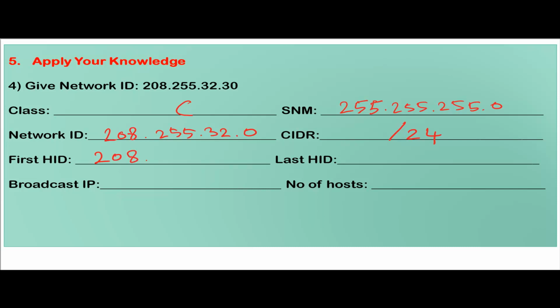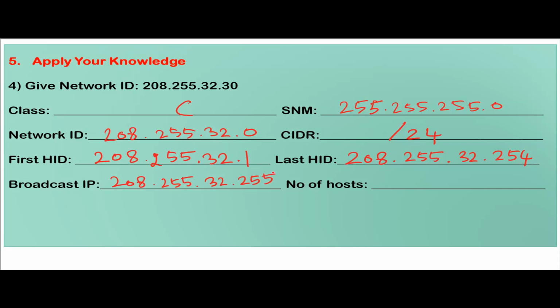The first host ID is 208.255.32.1. The last host ID is 208.255.32.254. The broadcast IP address is 208.255.32.255.